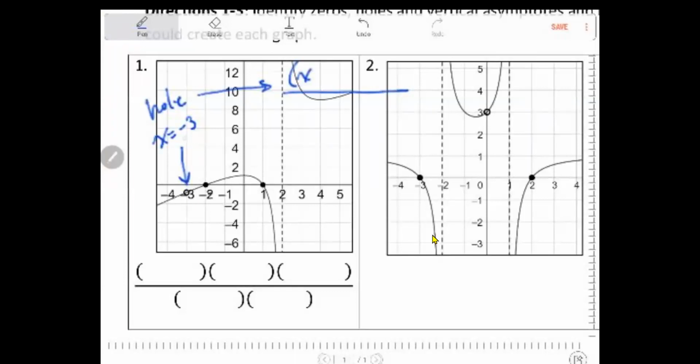So if we have x equals -3, the factor is going to be x plus 3. So our factor looks like x plus 3 over x plus 3. That has to be in our equation if there's a hole there, so we're going to put that down here.